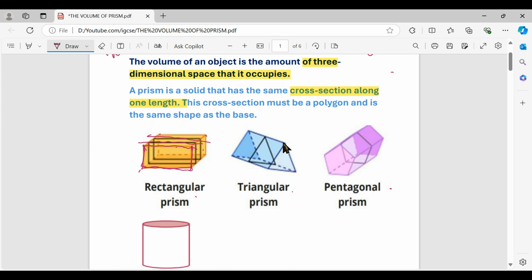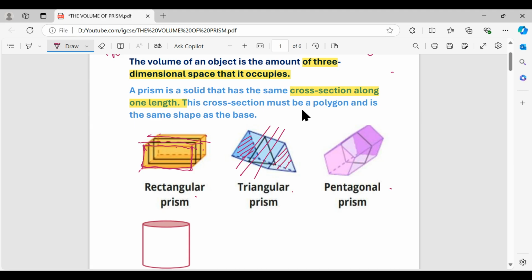Now, in this triangular prism, you have a triangle here. At the other end also you can find a triangle, and when we slice it in between we can find a triangle every time. So this is your cross section, and a prism is named based on its cross section.